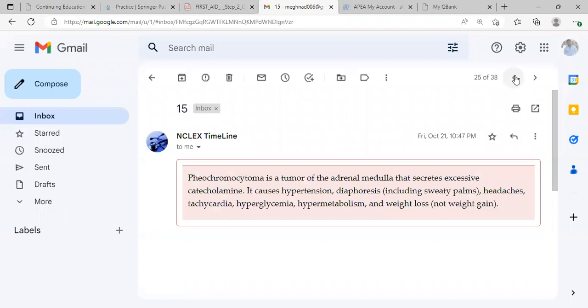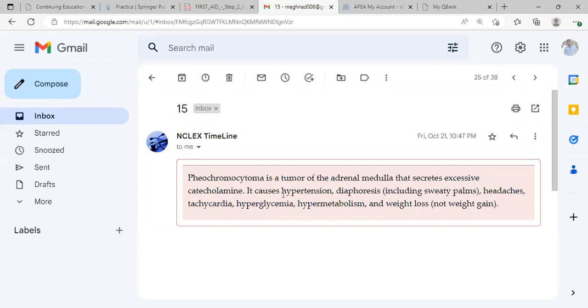What else? Here is a little information about pheochromocytoma. Pheochromocytoma is a tumor of the adrenal medulla, not the adrenal cortex, and it secretes excessive catecholamines. So catecholamines are actually epinephrine and norepinephrine, which increase blood pressure.